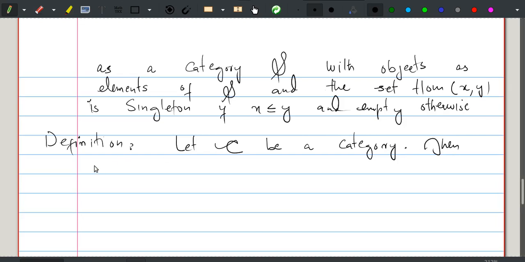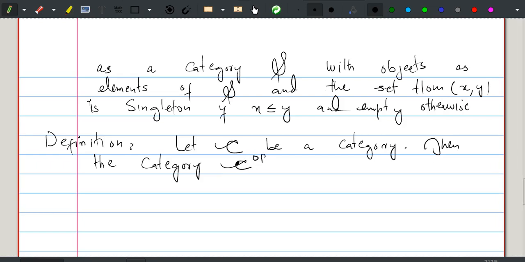Then the category C OP, by OP we mean opposite. The objects in C OP are the same as the objects in C, but the arrows are reversed.